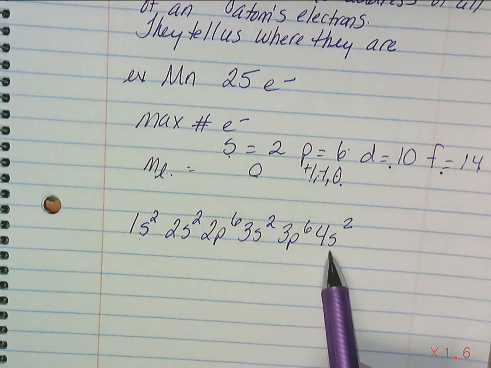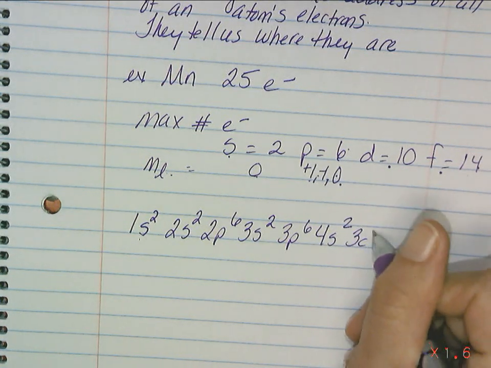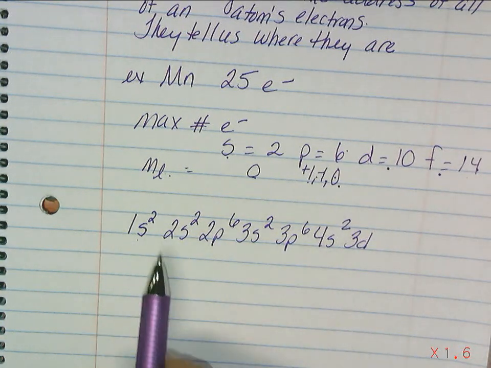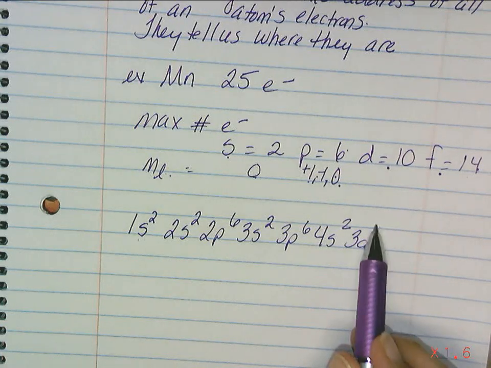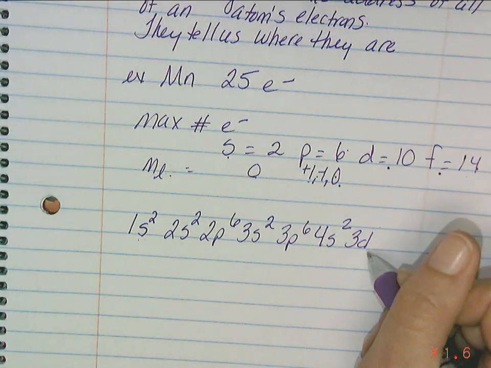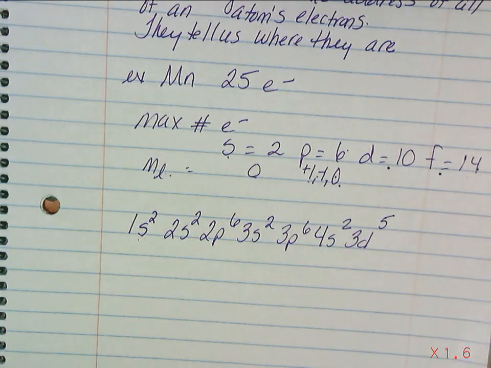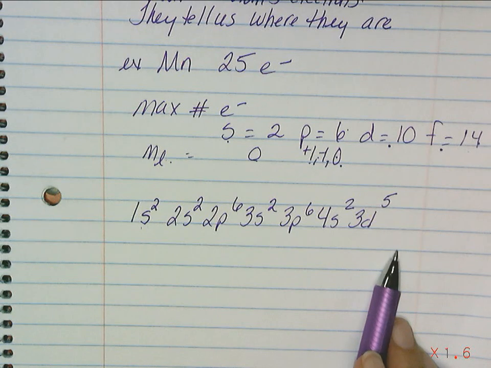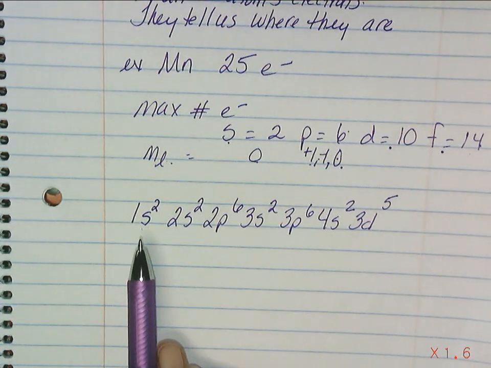We got 5 to go. What's after 4s? 3d. Just add the exponents up here at the top. And so we put the remainder. The last orbital always has the remainder, the leftovers, 5. That is an electron configuration. That is an address of where all of manganese's electrons are.